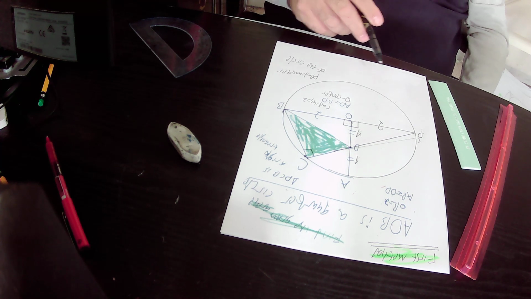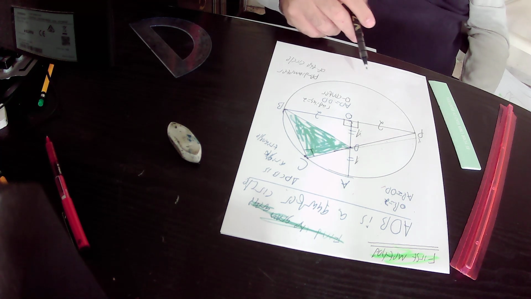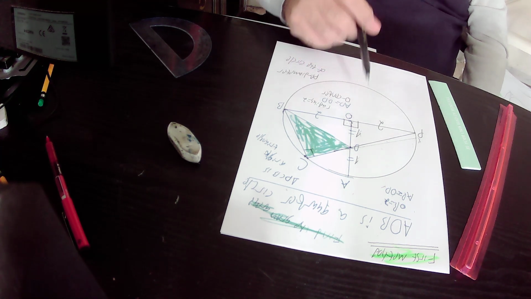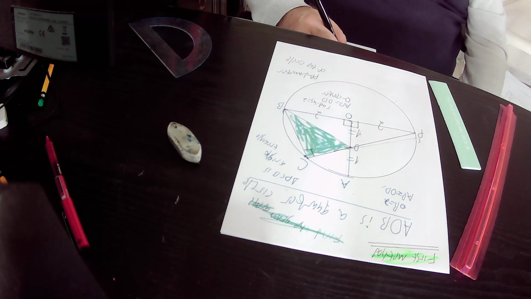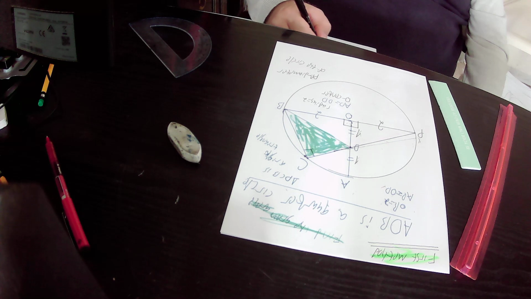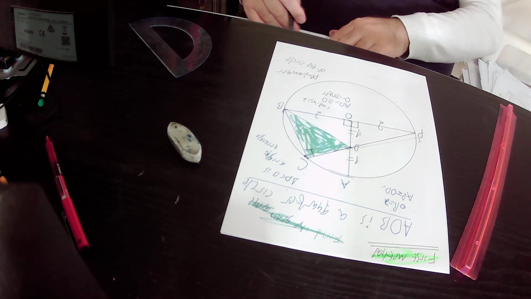So we have here the right triangle POD. In the right triangle POD, by PT, the Pythagoras theorem: the square of the hypotenuse equals the sum of the squares of the perpendiculars.